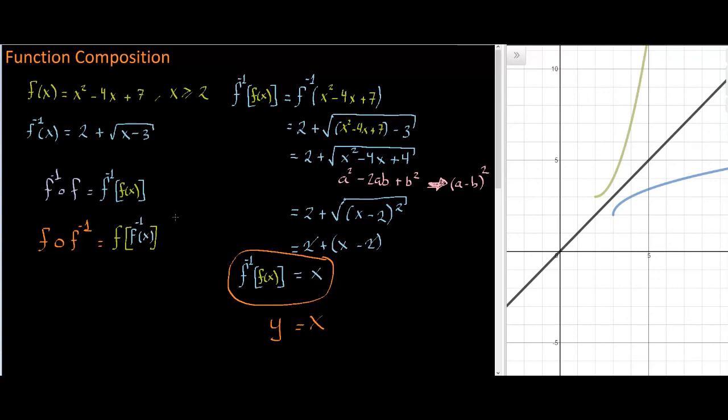And I think you can infer that you're actually going to get just the same result, y is equal to x.